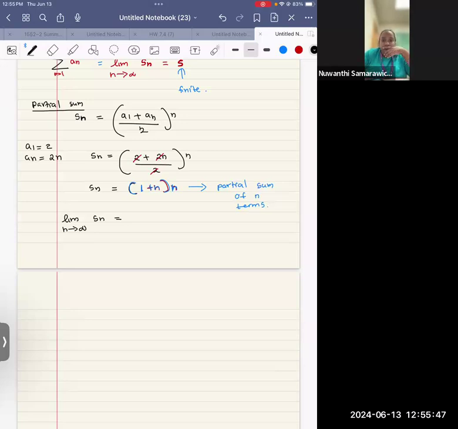So this means, yes, it's infinity. So this is like 1 plus infinity multiplied by infinity, right? Infinity means it's like a very large number multiplied by another large number, so you get a larger number.